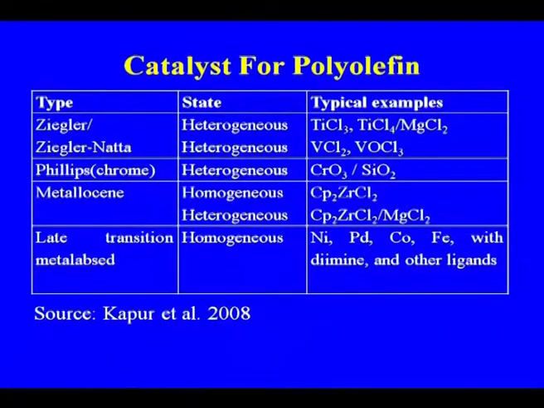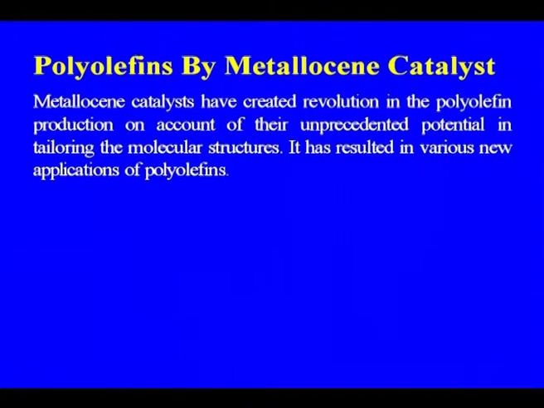So these are some of the major catalyst developments in case of polyolefin: Ziegler Natta catalyst, chrome, and Metallocene, which has come in a big way in the manufacture of polypropylene. Polyolefins made by Metallocene catalysts have created a revolution in polyolefin production on account of their unprecedented potential in tailoring the molecular structure.